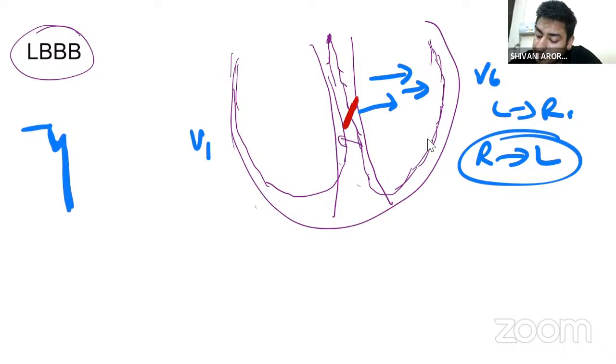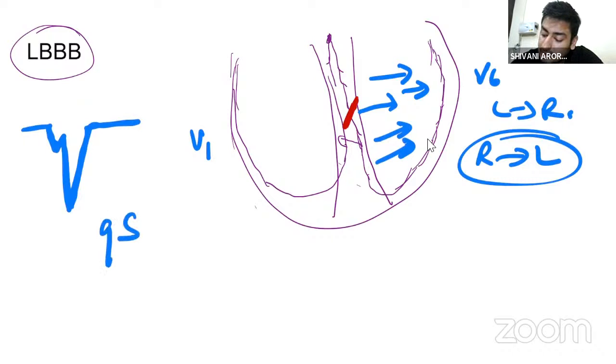This is the QRS in case of left bundle branch block in V1. So this complex, we can call it a QS complex. Clear? And this can also be known as a W pattern.